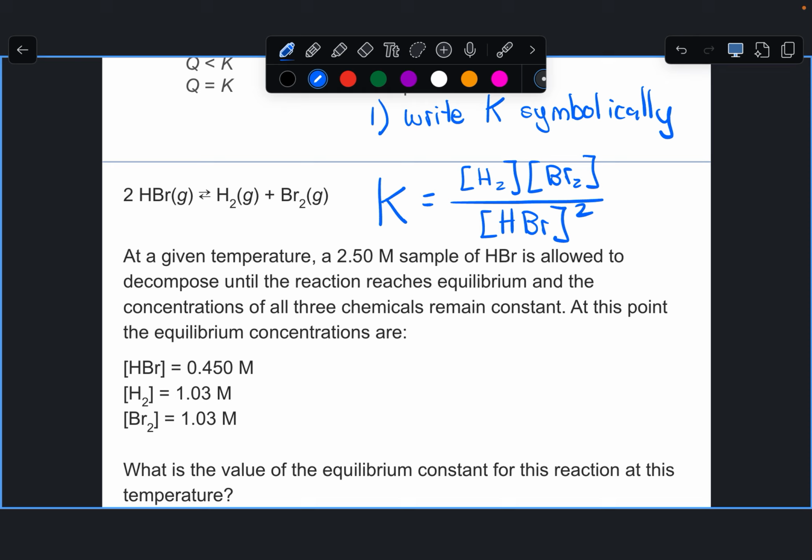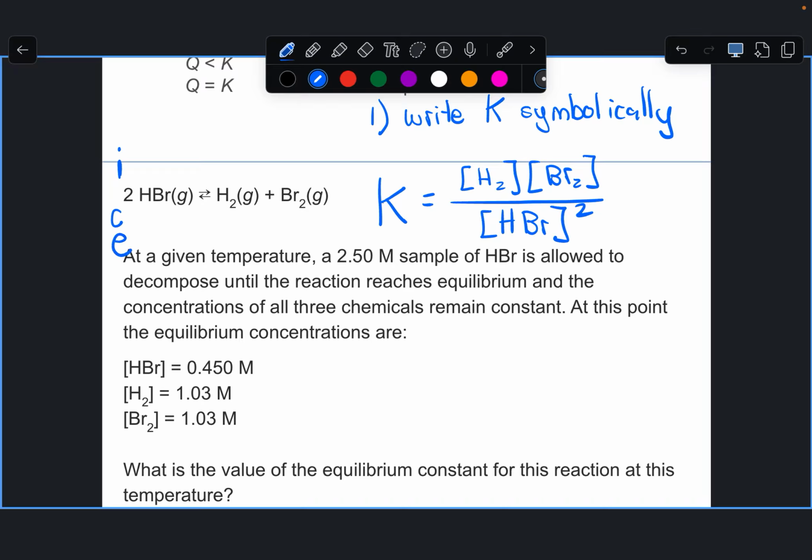We call it an ICE table. It stands for initial, change, and equilibrium. I'll write initial above here, though, so I have room. Usually we just write it below the reaction.